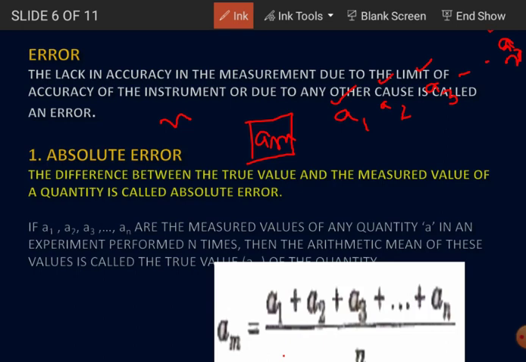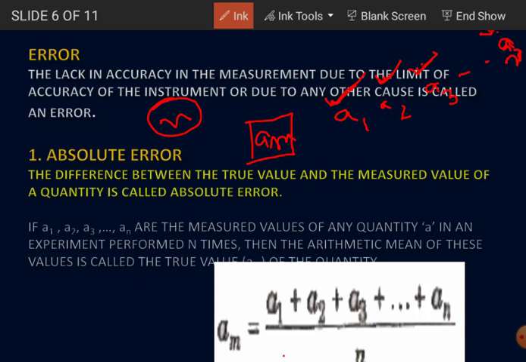That means you are experimenting or measuring it n times, and so n measured values will be coming up. This is the first measured value, second, third, fourth, and so on, and it will be the nth measured value.